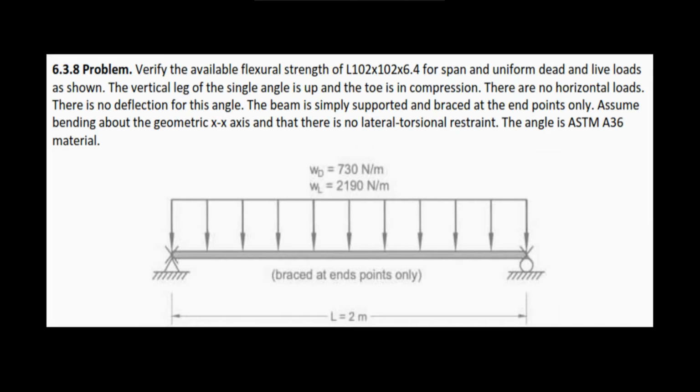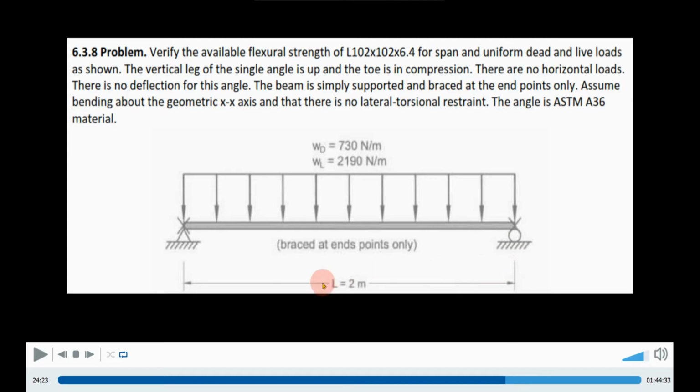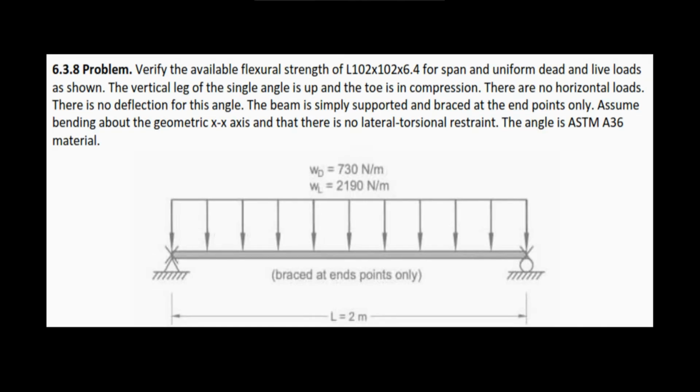So our member is 2 meters long with the braced at only endpoints with dead load of 730 Newton per meter, and the uniform live load is equal to 2,190 Newton per meter.